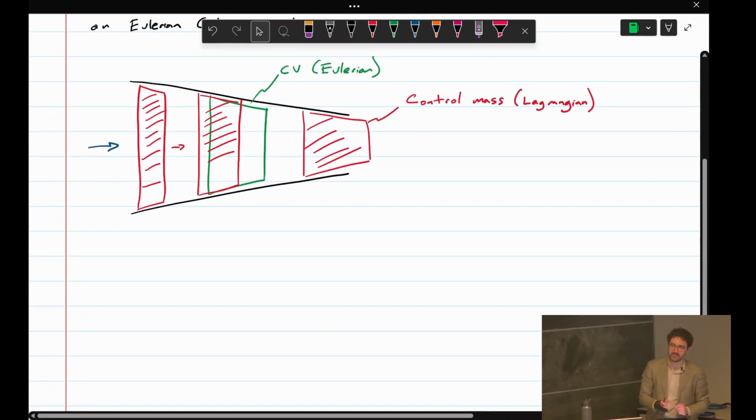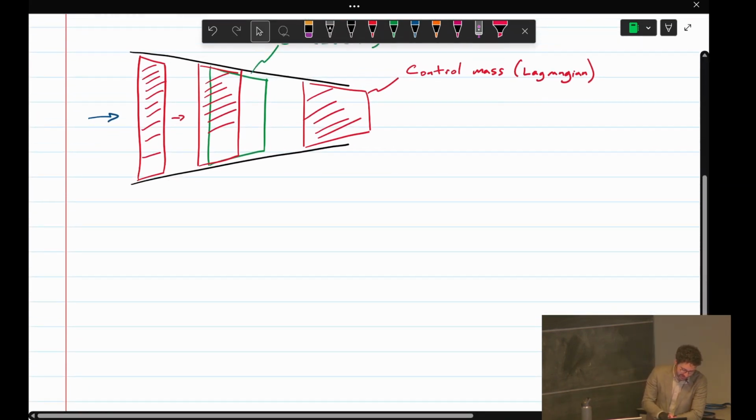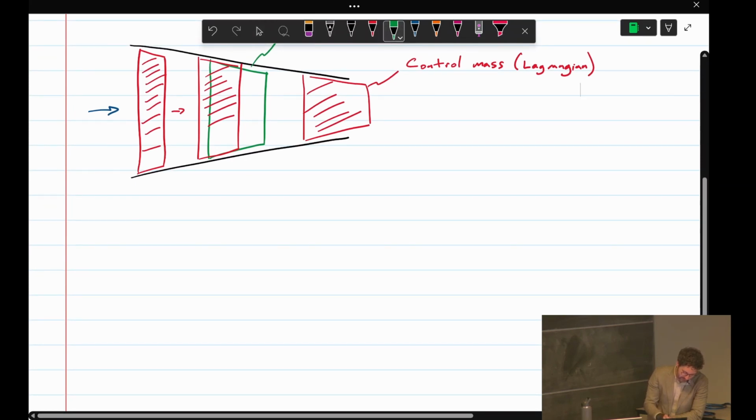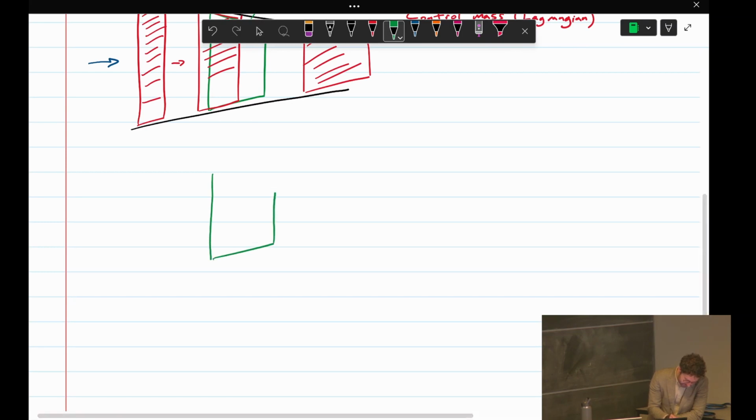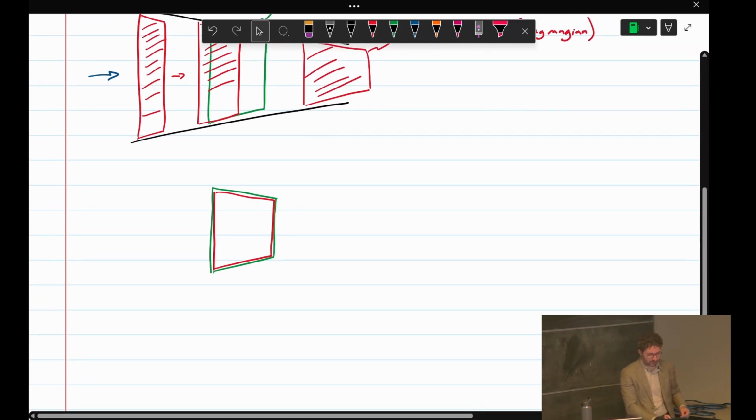We're going to analyze two very specific moments in time of this system. So we're going to consider a time 0 here. And at time 0, our control mass is perfectly all within our control volume. So our control mass and our control volume are the same size.